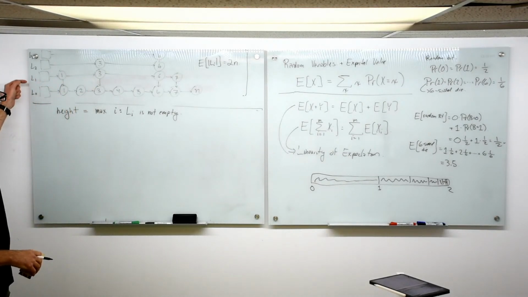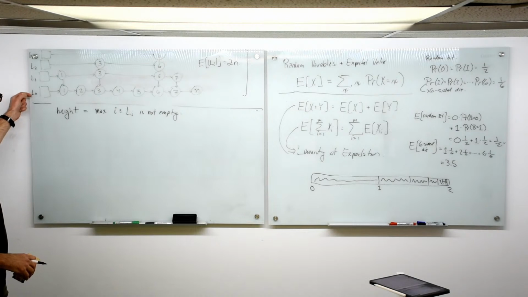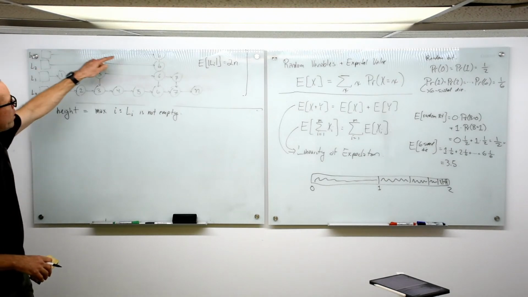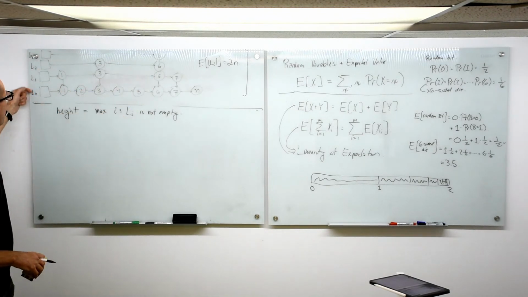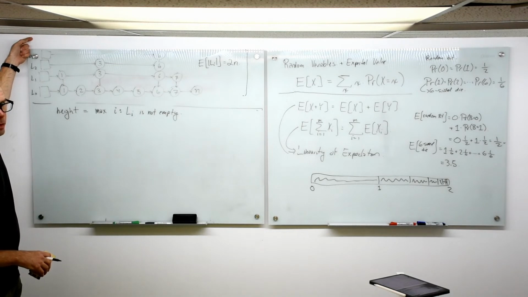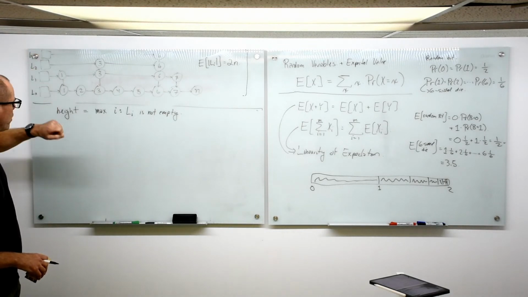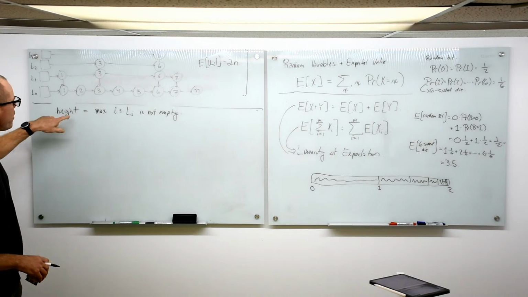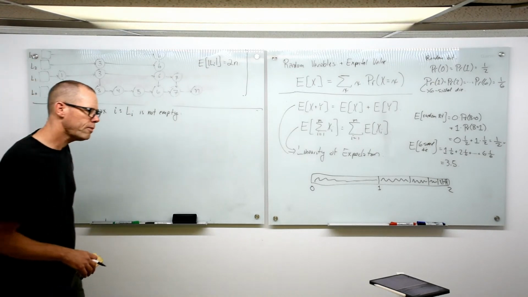Right? So the height of this one is 3 because L3 is not empty. There's something in it. But L4 is empty. There's nothing in list L4. So we call that the height of the skip list.